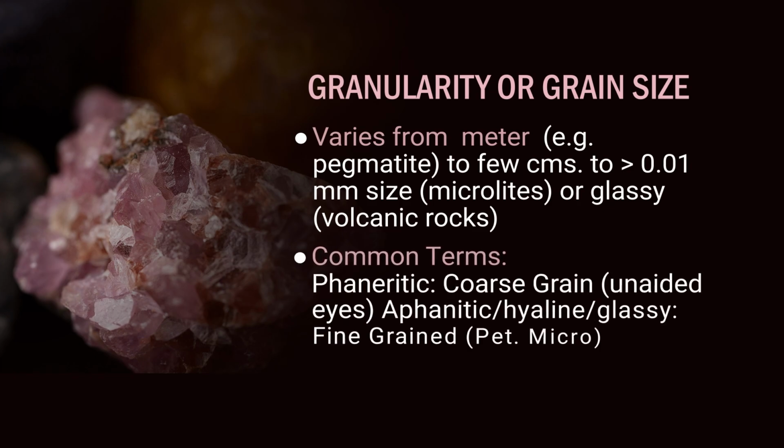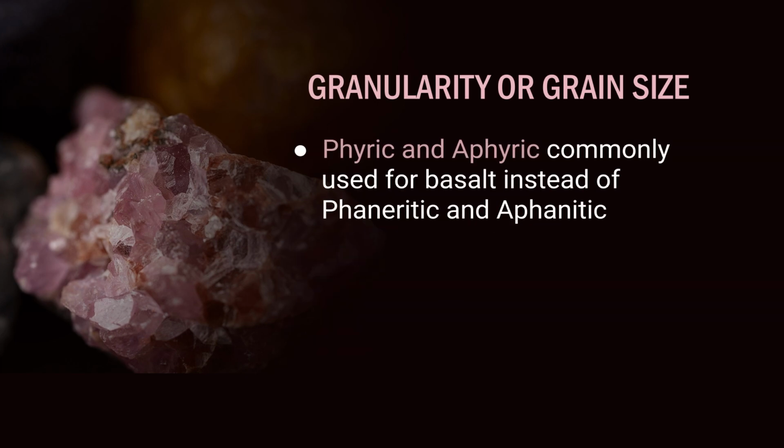Common terms used to describe grain size are phaneritic, used for coarse-grained rocks whose mineral grains can be seen by unaided eyes, and aphaneritic or hyaline or glassy, used when the rock is fine grained and can be seen only under the microscope. Phyric and aphyric are commonly used for basalt, in place of phaneritic and aphaneritic. In case of basalt, we use phyric and aphyric.